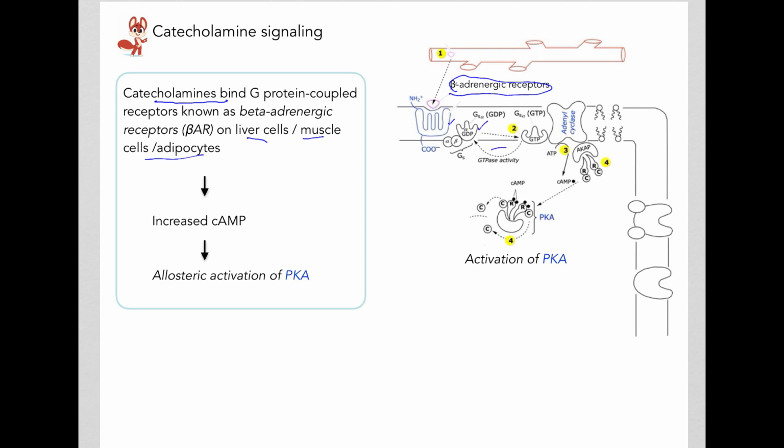So this part here is very similar to what we talked about in glucagon: stimulation of adenylyl cyclase, increase in the cyclic AMP, and that increase in cyclic AMP will then bind and allosterically activate this very important protein called protein kinase A, or PKA. So basically the catecholamines will bind to their target cells and activate PKA.